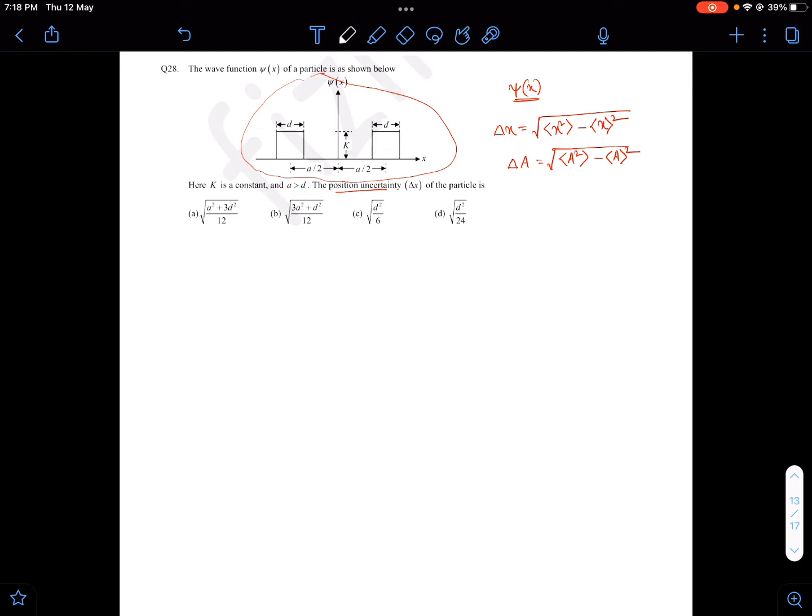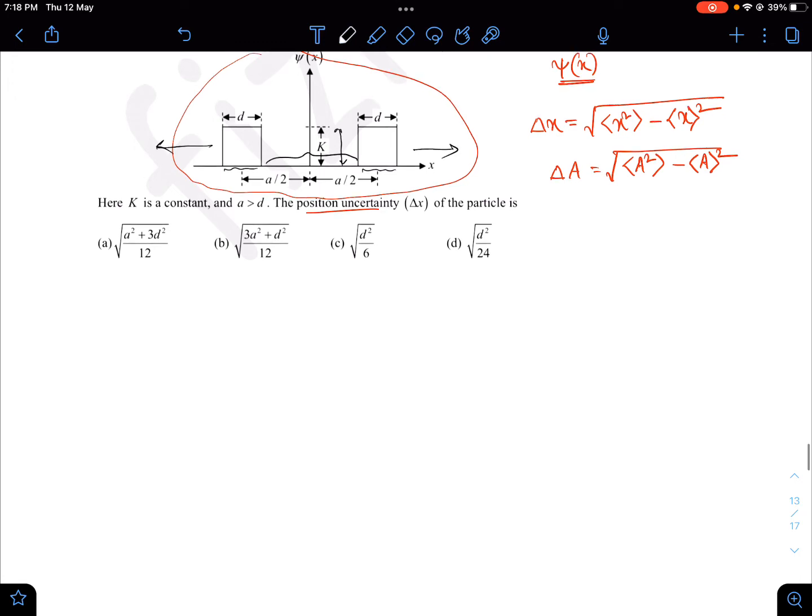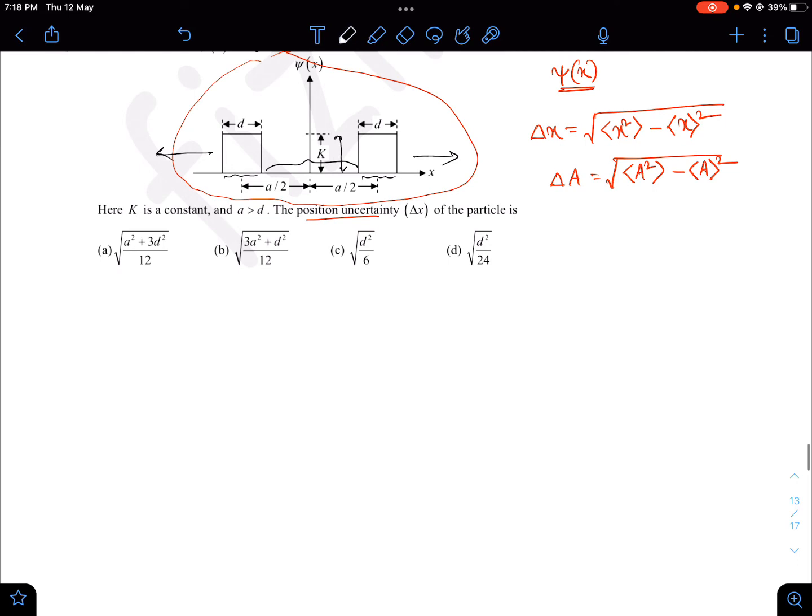We can see that in this region the wave function is 0, and in this region and this region the wave function has the value of k, because this depth is k, and for this region and this region the wave function is again 0. So we can write the wave function in this manner.